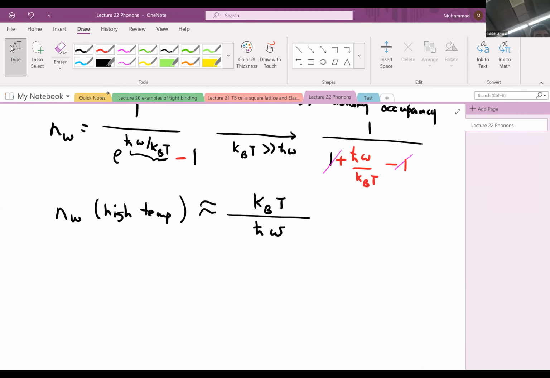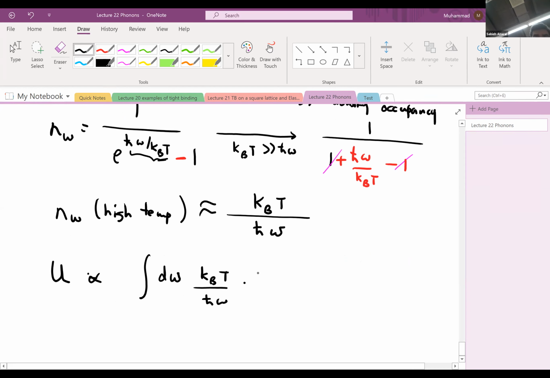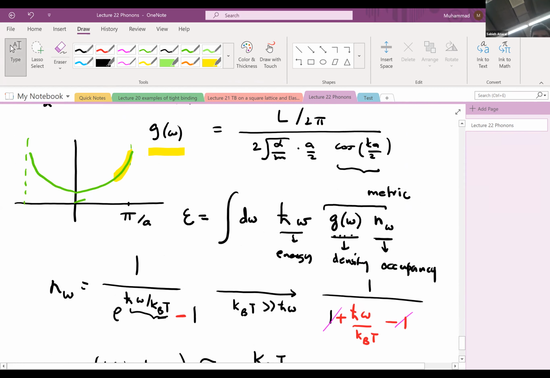So this means that my total energy is going to be proportional to the integral of d omega, n omega, which is kBT over h bar omega, times the energy h bar omega, times the density of states. The density of states g omega is given here.